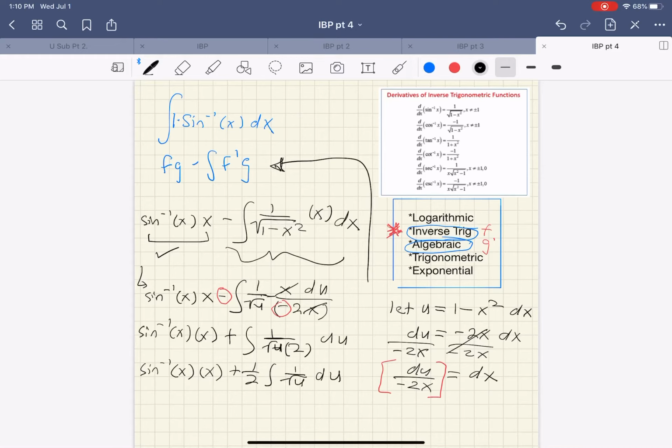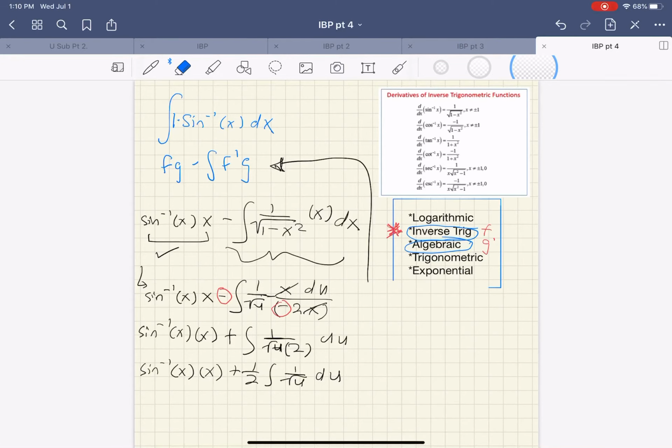And now all we have to do is just solve that integral right here. And I'm going to go ahead and delete this right here so I can get a little bit more space. And then bring that down. All you want to do is just remain consistent and understand the simple things that are going on.